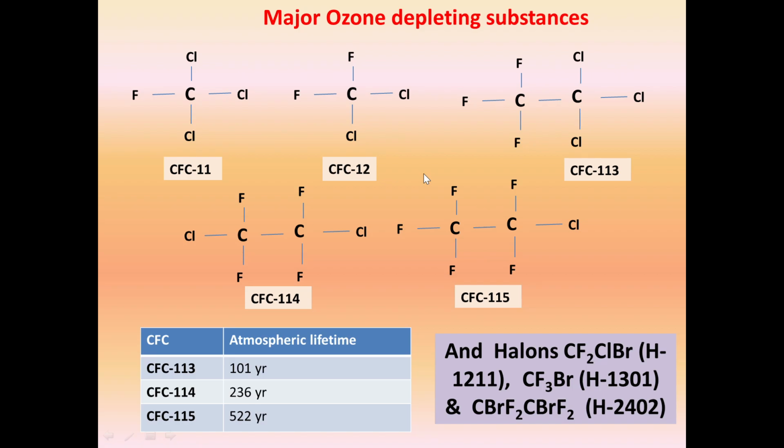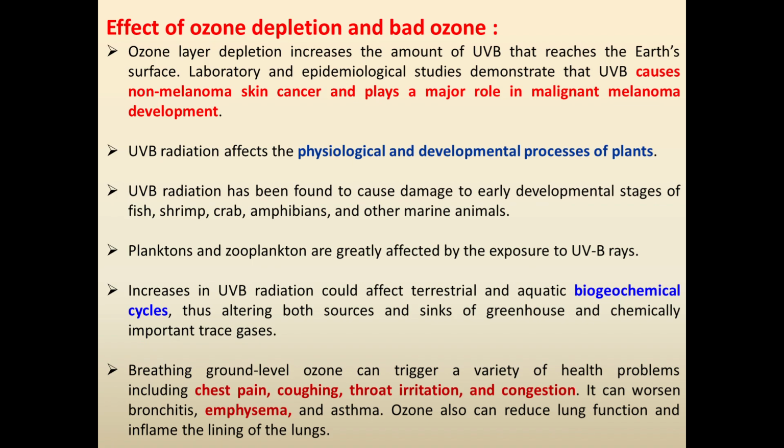Next, what are the effects of ozone depletion and the bad ozone? As you know, ozone depletion means thinning, that is, the concentration of ozone present in the stratosphere becomes thinner and thinner due to the interaction of chlorofluorocarbons, nitrous oxide, and halons.